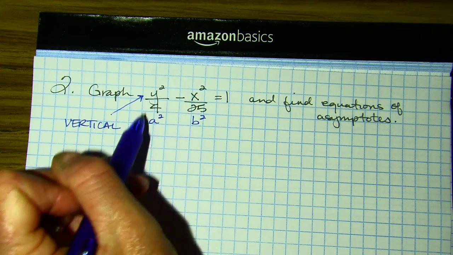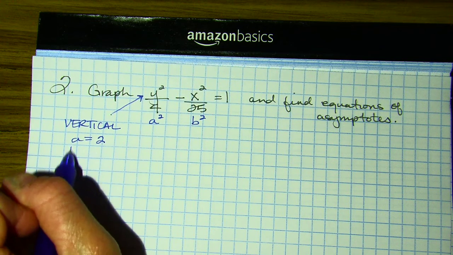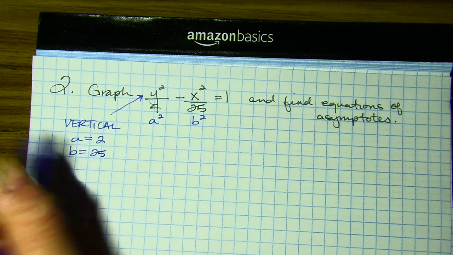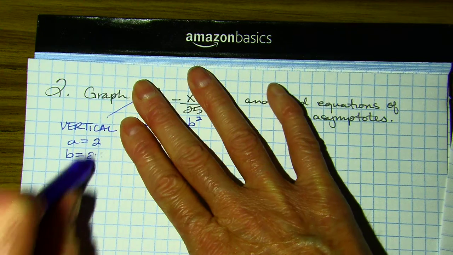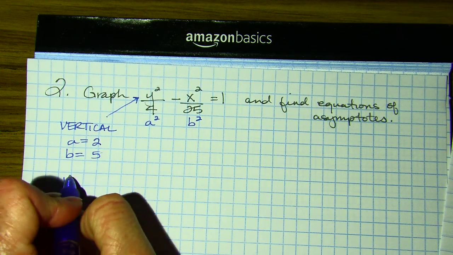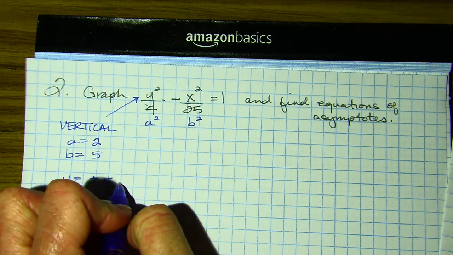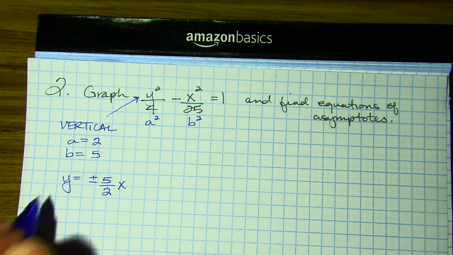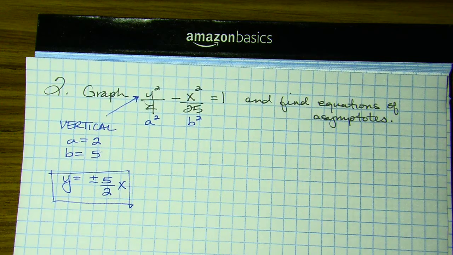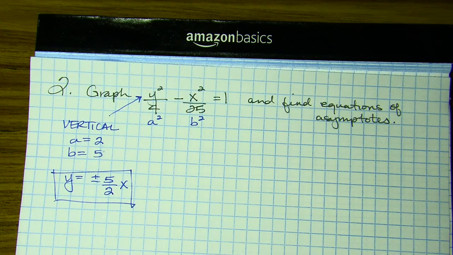So a squared is 4, b squared is 25. So a is 2, b is 5. And my asymptotes are y equals plus or minus b over a x. Okay, so those are my asymptotes. I should have circled the asymptotes here so you have your graph and your asymptotes. All right, so here we go for this one. Now remember, this one's vertical.